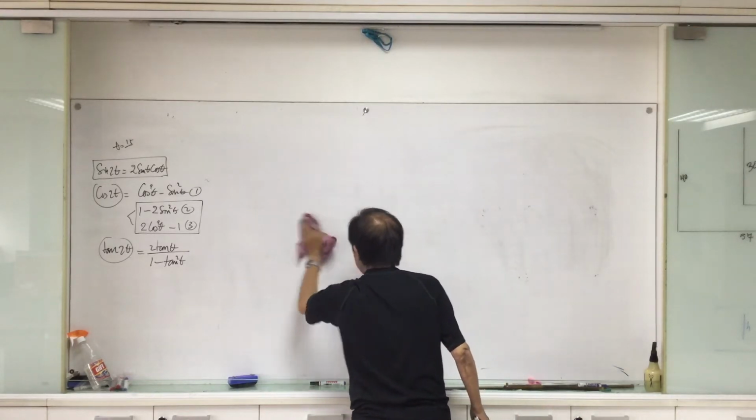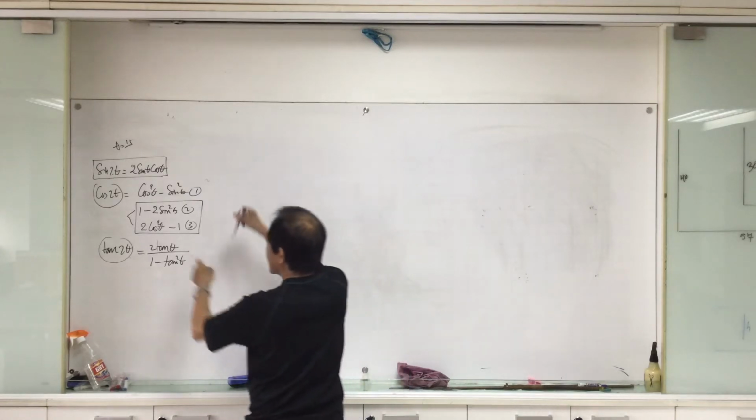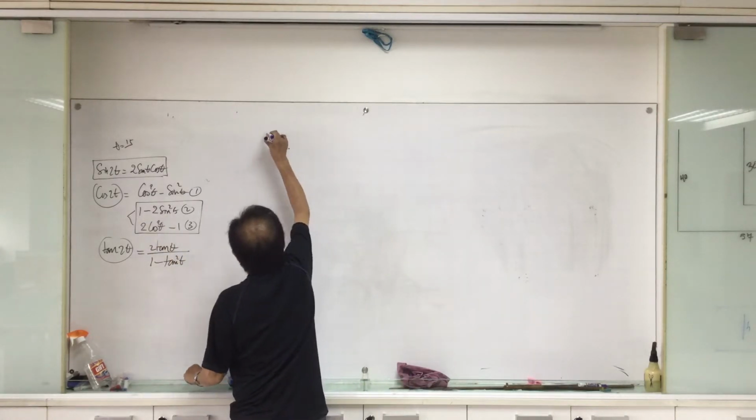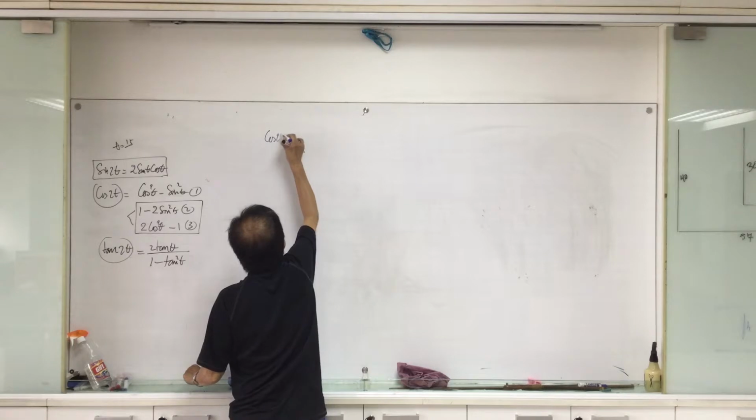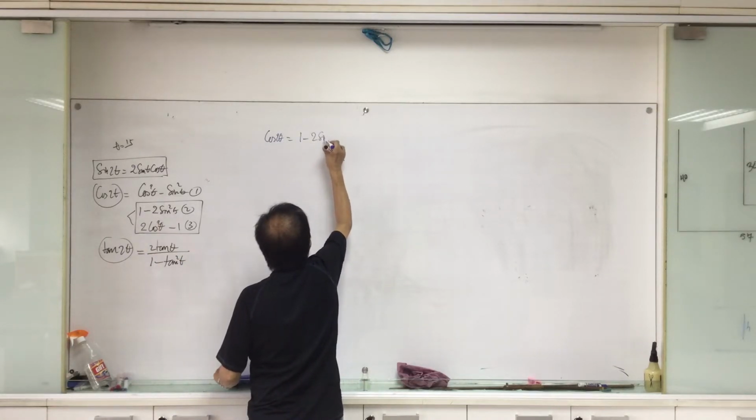So what we need right here is these two. I write them out, we need this one to create another formula. So you have cosine 2 theta equals 1 minus 2 sine squared theta.